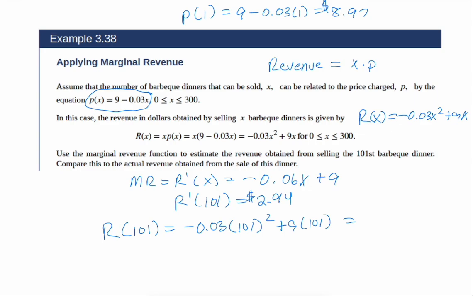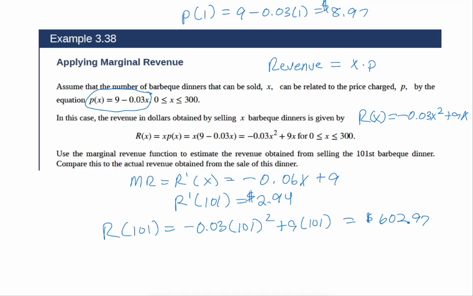So if we sell 101, we make $602.97. So all this means is the revenue keeps increasing at 101.